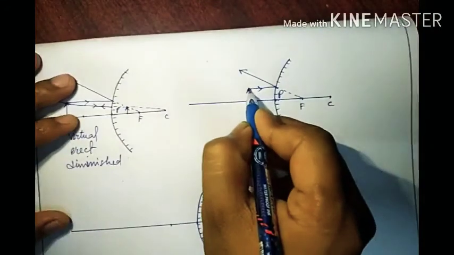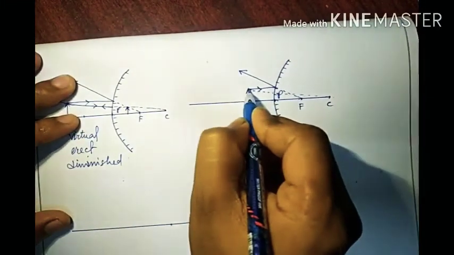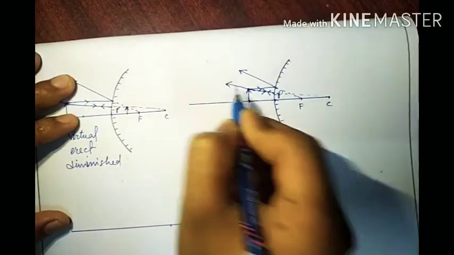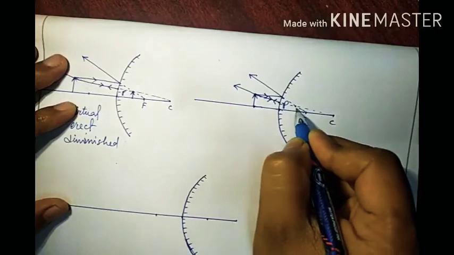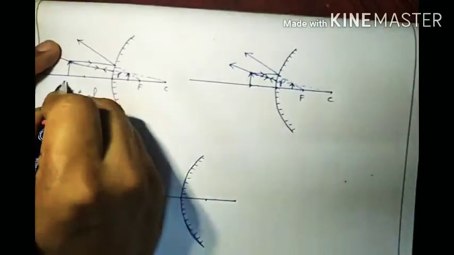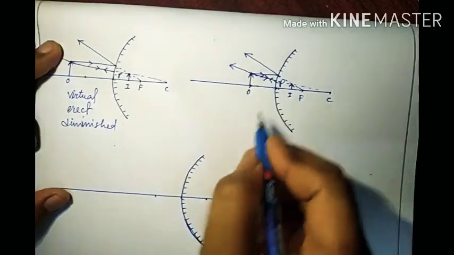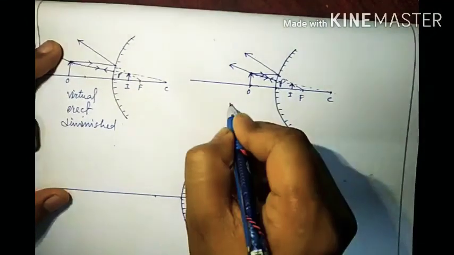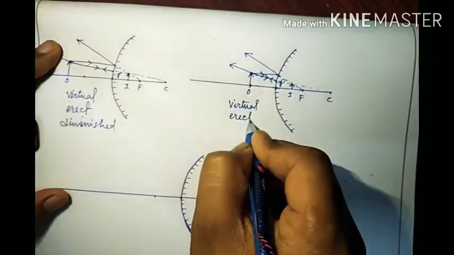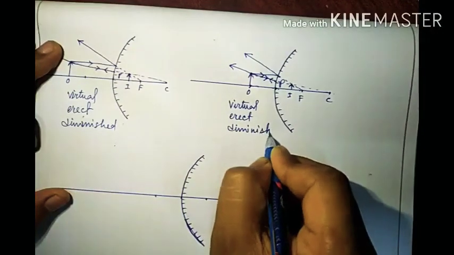Another ray is going towards the center of curvature. Again this ray is normal at this point, and reflects back like this. Here we are getting our intersection point. This is the image. Here also we have seen that the image is virtual, erect, diminished.